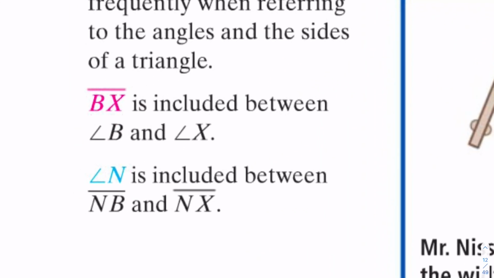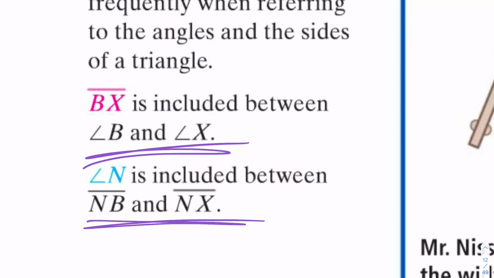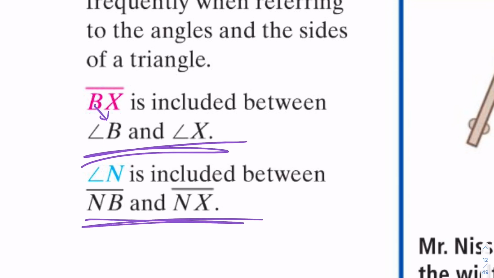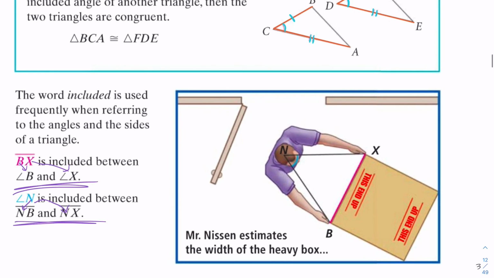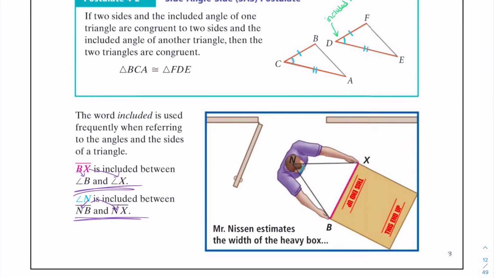So side BX is included between angles B and X, and angle N is included between sides NB and NX. All right, that is what included means.